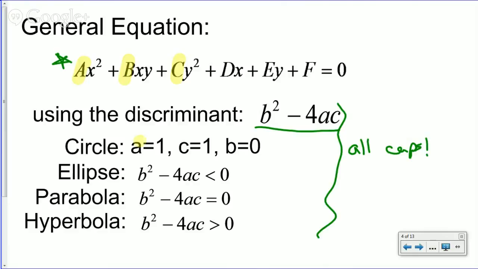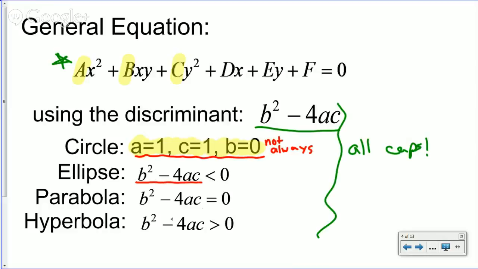So if we start with a circle, in general, A is 1, C is 1, and B is 0. This is not always true, these three, but for the purpose of this class, I think we'll stick with those rules. So for an ellipse, b squared minus 4ac is less than 0.